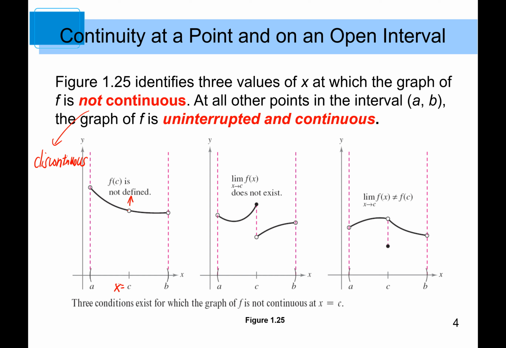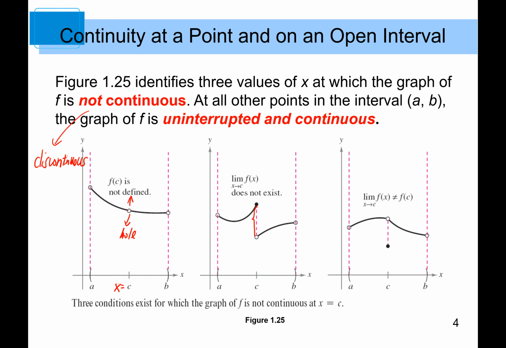Okay, the second scenario: this is a case where we have a hole here. The second scenario is it's continuous on the interval a to c, right? Its area is continuous within the interval from c to b. However, there's a jump here.